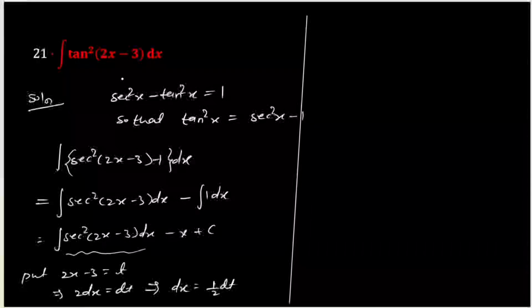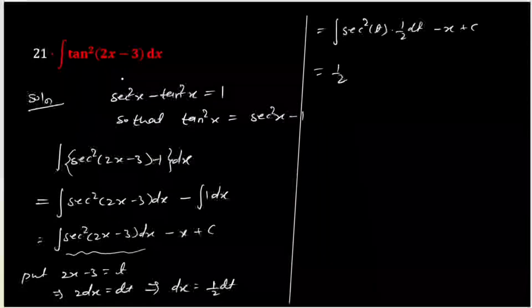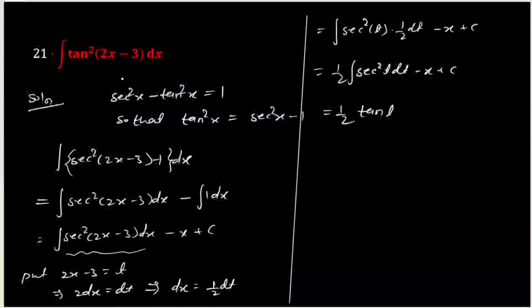So the given integral becomes the integral of sec²t dt by 2, plus c, equal to 1 by 2 times the integral of sec²t dt, and this integral is equal to tan t, because the integration of sec²t is equal to tan t plus c.